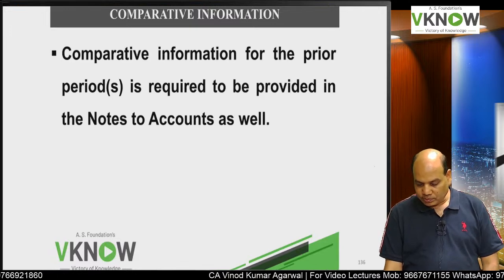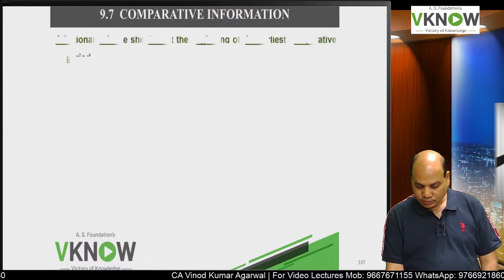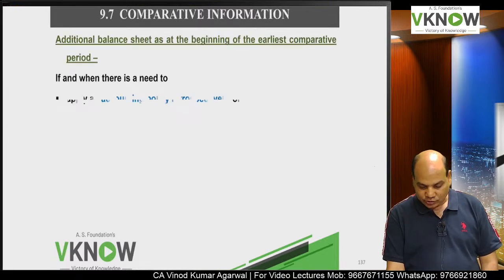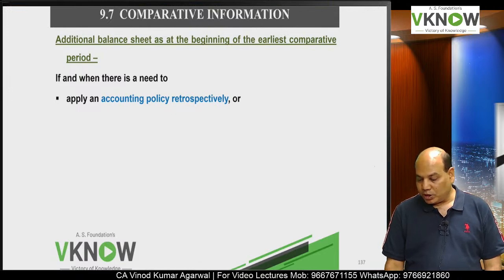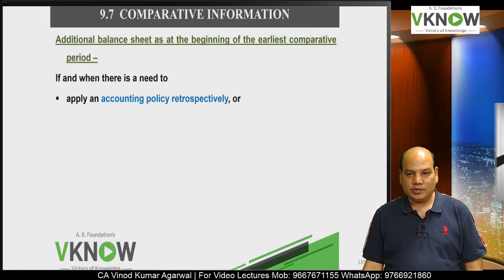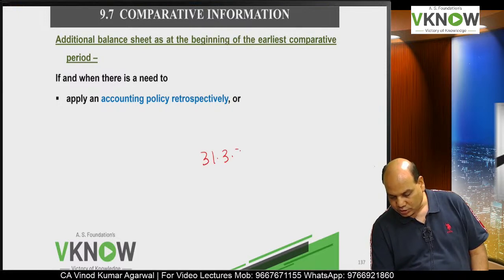Next line. Comparative information for prior period is also required in the notes that I have told you. Additional balance sheet at the beginning of the earliest comparative period. So let us say my current year date is 31st March 24.